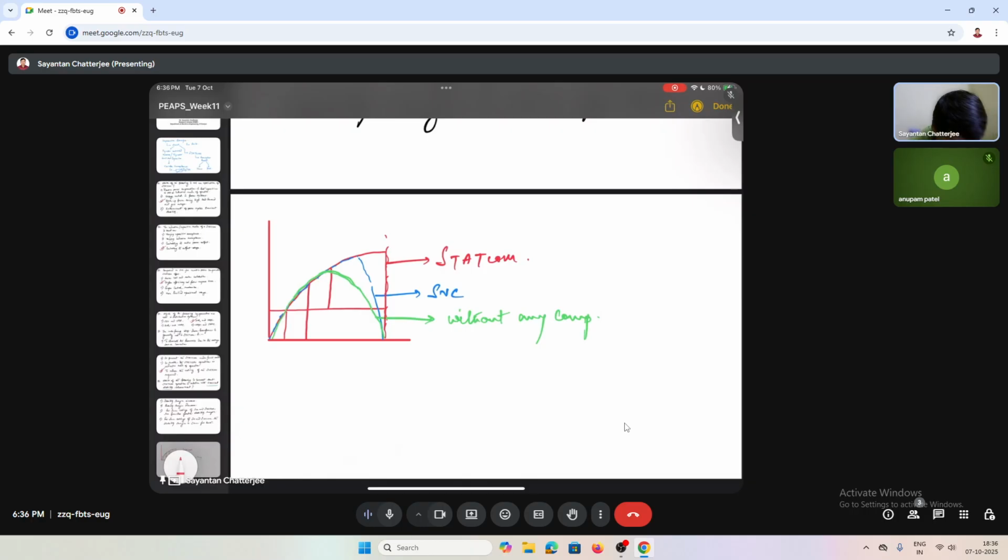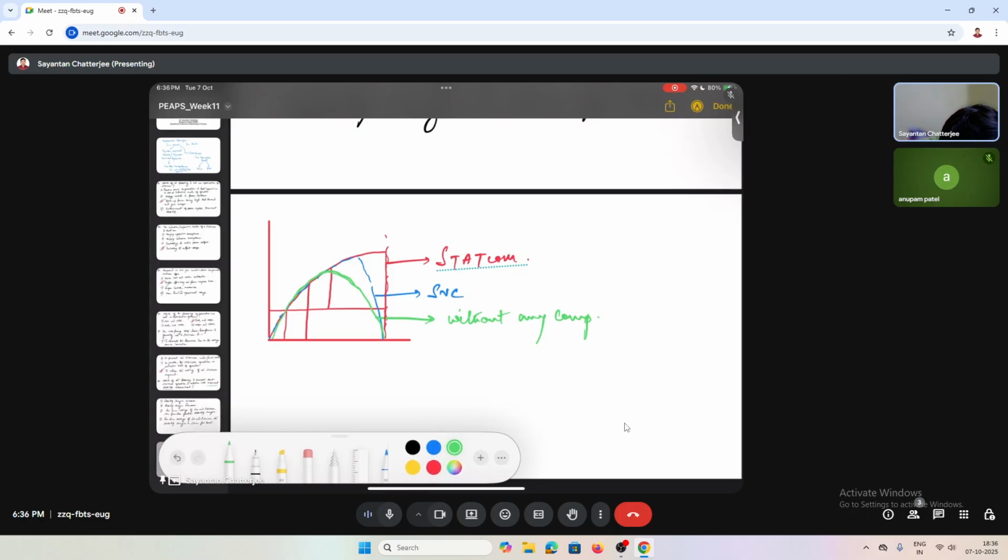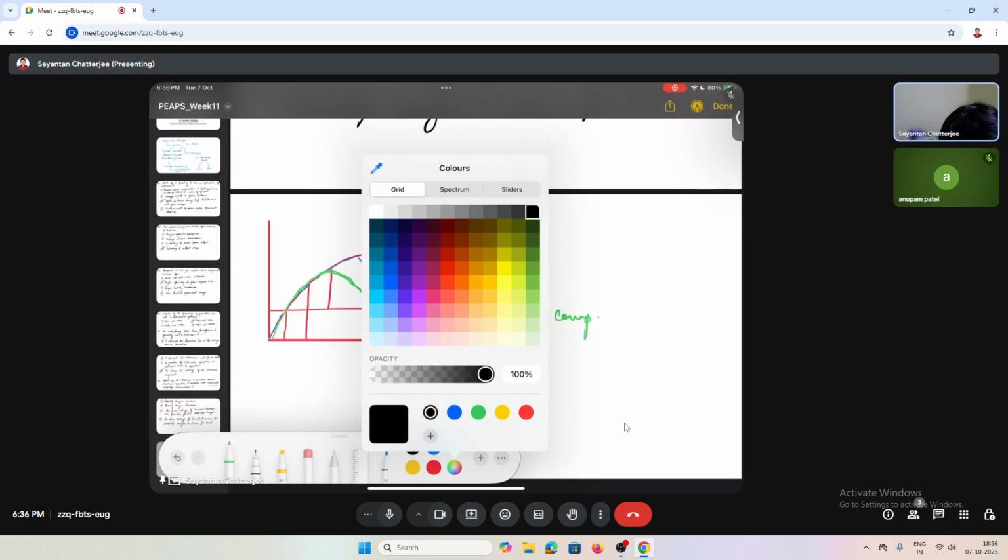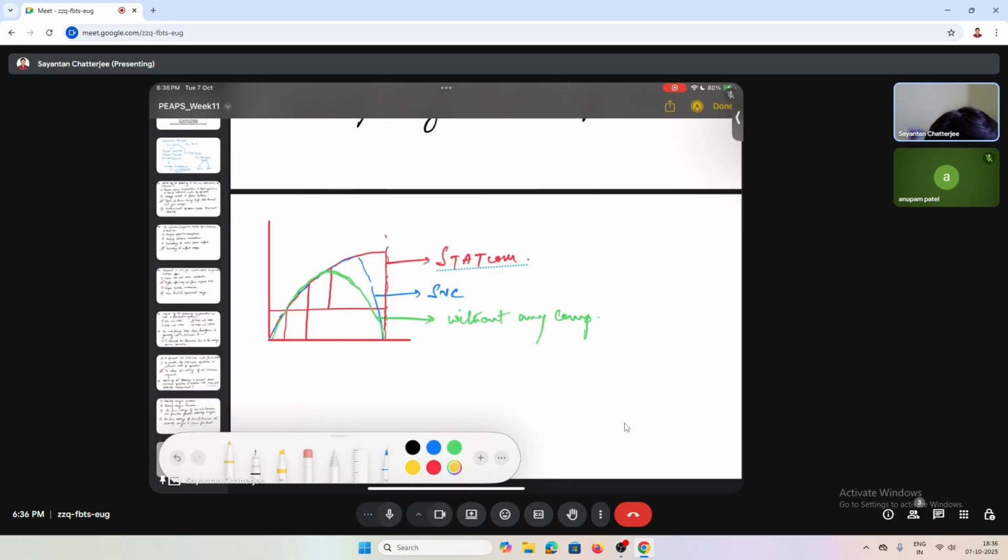In all these cases, what we can observe is that for this green line, let's say this is the stability margin. Beyond this, the system will not be operating in a stable condition.